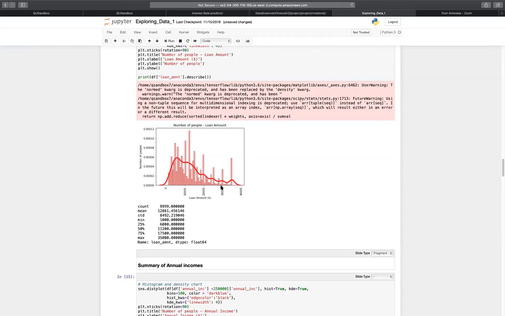Or if I'm providing loans between $20,000 and $30,000, this is the segment I need to use to build out my machine learning models. So your data exploration tool will help you understand where in the spectrum of the data you've already collected you need to focus on, so that you can filter in those data sets to build out your particular models.